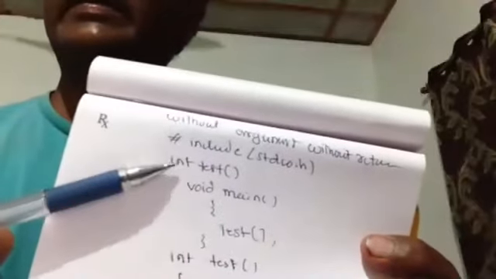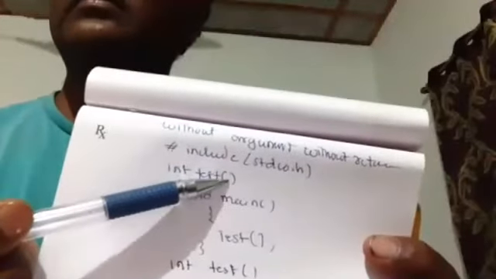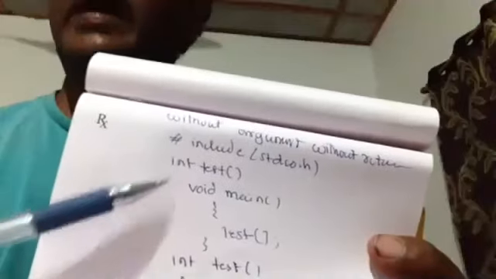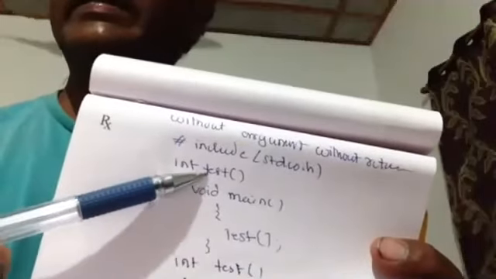Okay. So next one is without argument and without return. No argument and no return. Here also I make it global. The function is this one, int test, no argument. After include, I put int test, no argument.